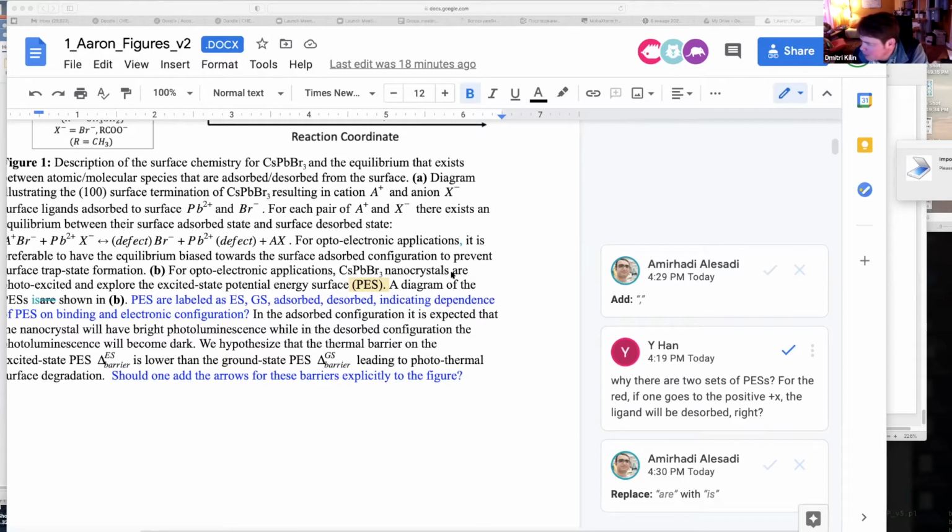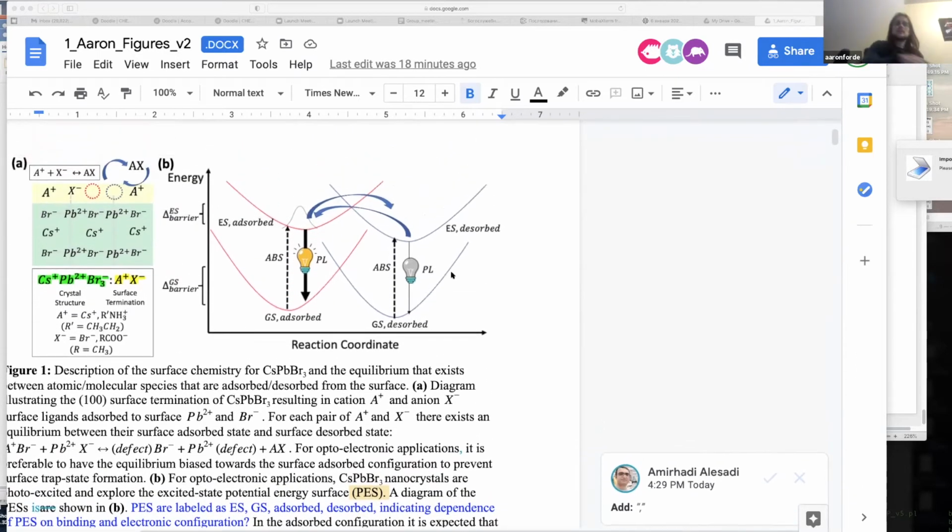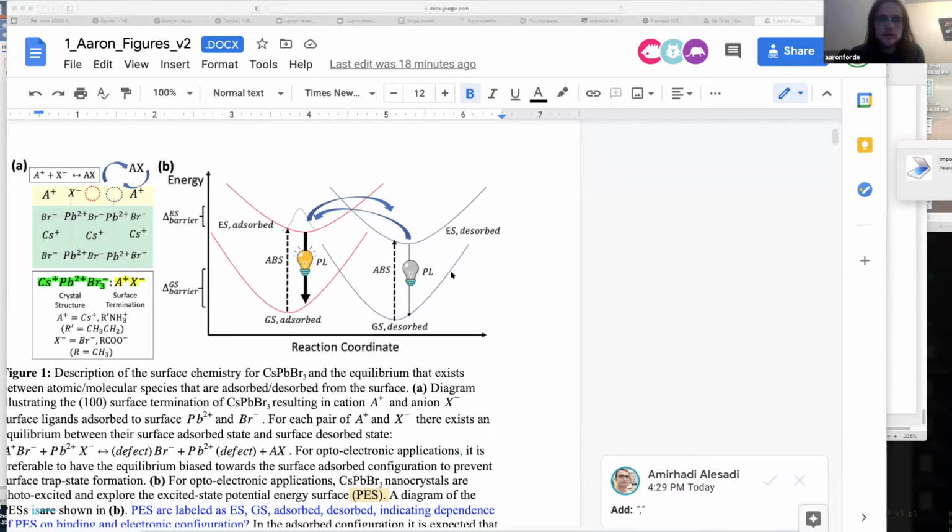Aaron, would you like to comment? I guess because I did essentially like 4 sets of calculations. So I made 4 parabolas because that makes sense in my head how to organize the figures.